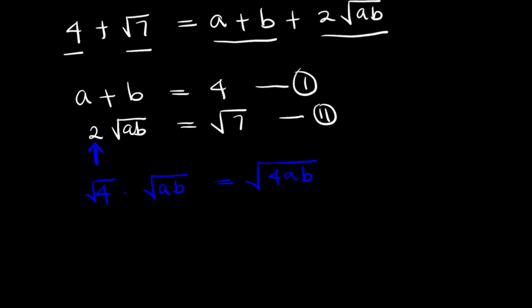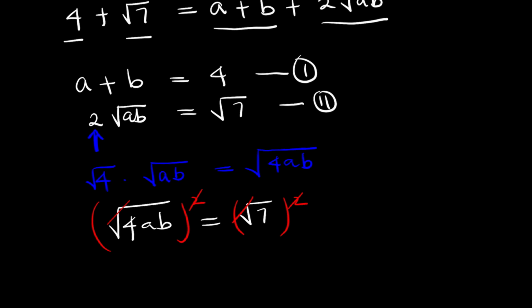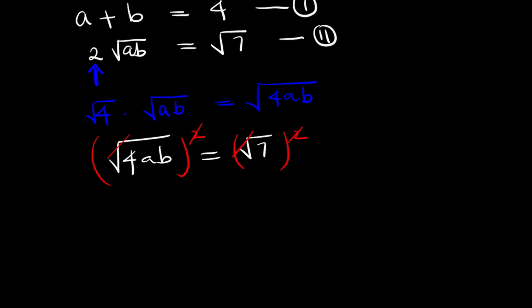What this means is root 4ab, like this, is equal to root 7. And if we go ahead and square both sides, that gets rid of the radical on both sides of the equality sign, so that we are left with 4ab is equal to 7. So let's call this equation 3.